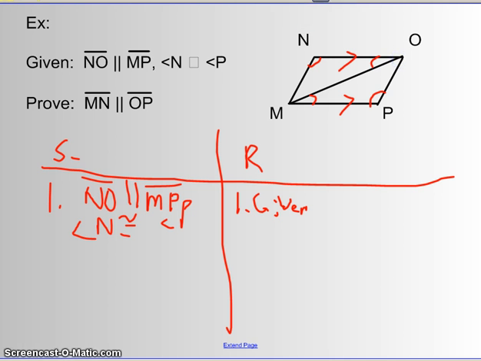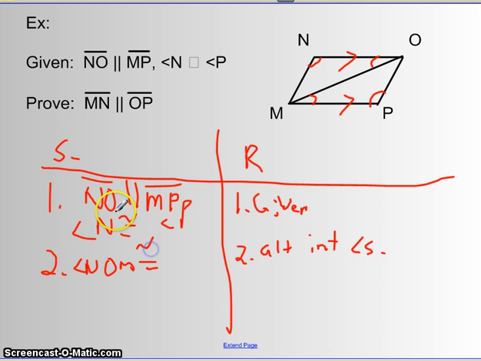And do you recognize what type of angles those are? Those should be alternate interior angles. And I'm going to state that angle NOM is congruent to angle PMO.